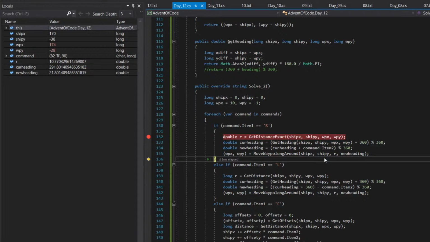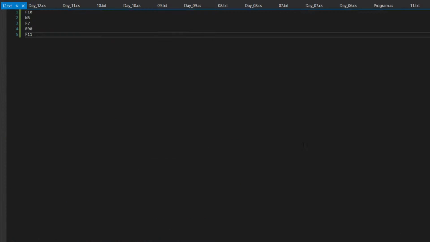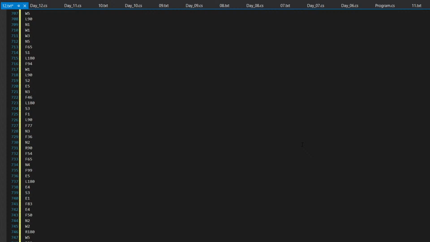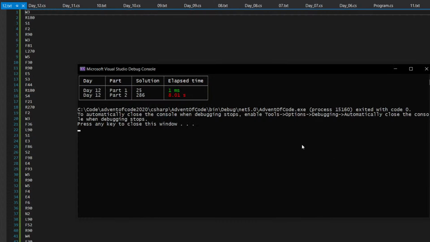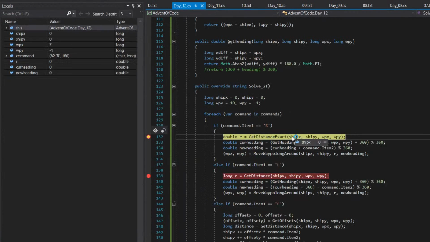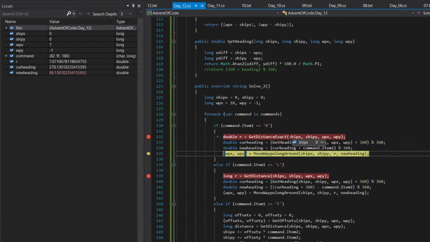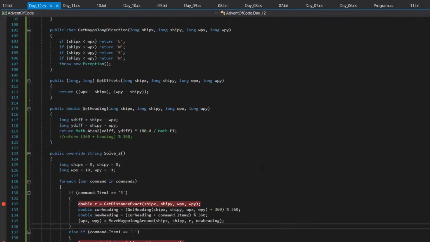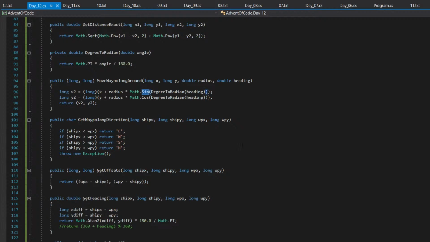$174. Okay. All right, what do we got? We're gonna move right to 180 degrees. Incorrect. Why do I have sine for x and cosine for y?